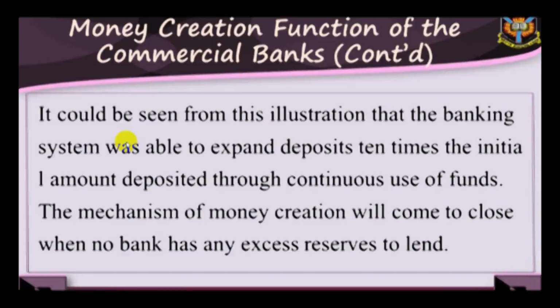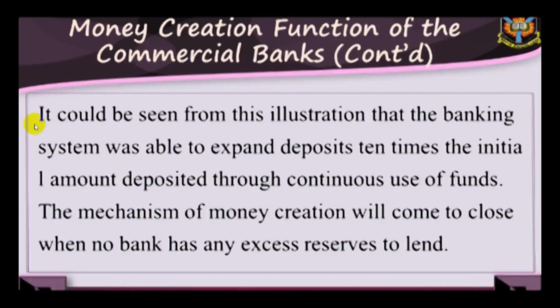As n tends to infinity, the value of total deposit is a times 1 over 1 minus r, where r is greater than 0 but less than 1. Given that 1 million naira is the initial deposit and r equals 0.9, then equation 3 becomes 1 million times 1 over 1 minus 0.9, which gives us 10 million naira.